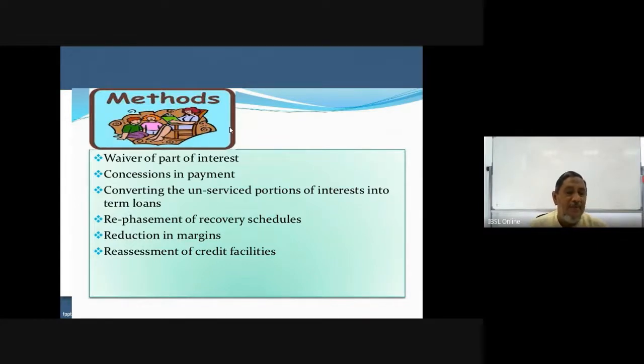What are the options available? Restructuring is completely changing the structure of the facility. Let's start with reassessment of credit facilities.